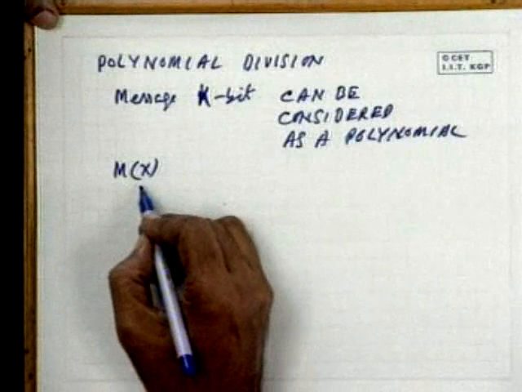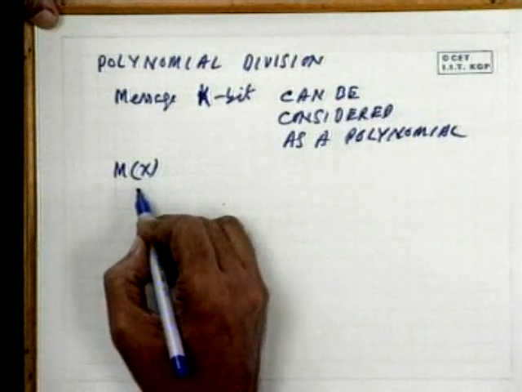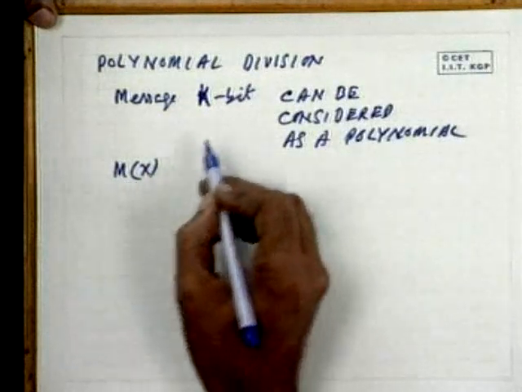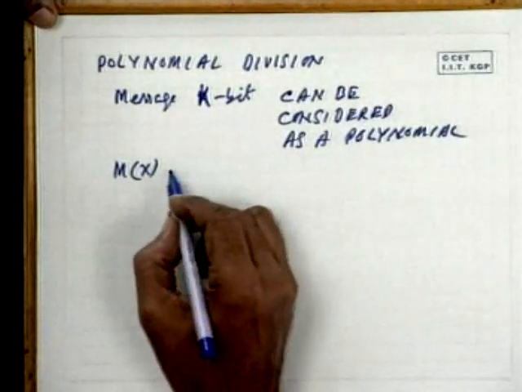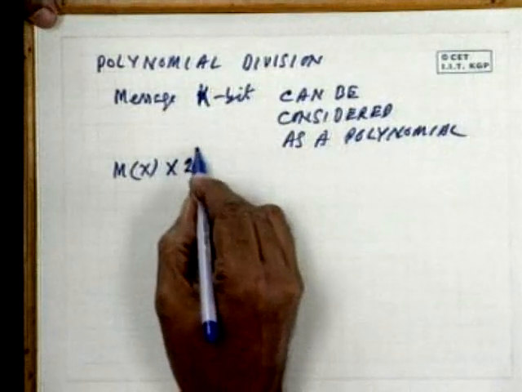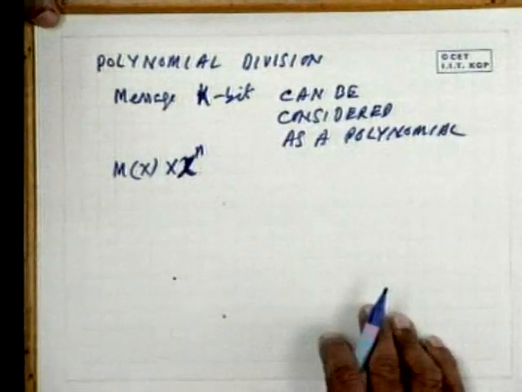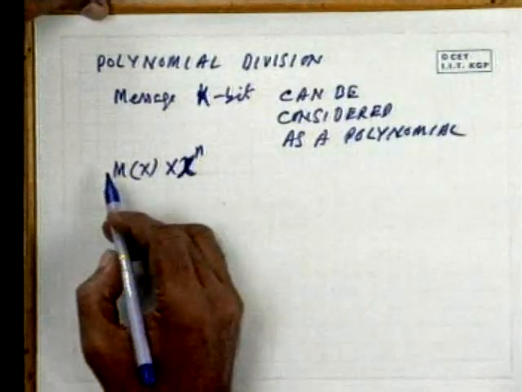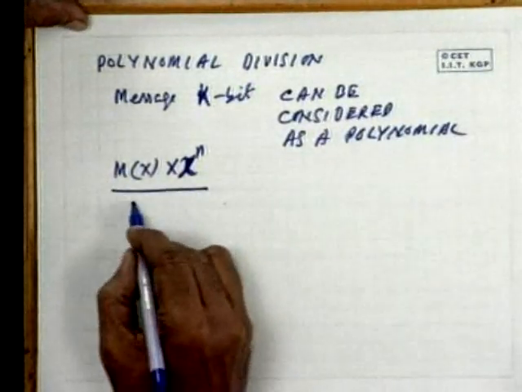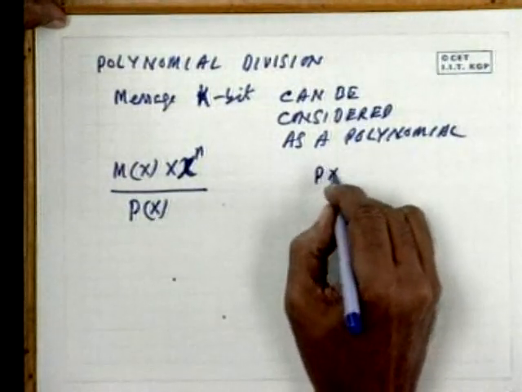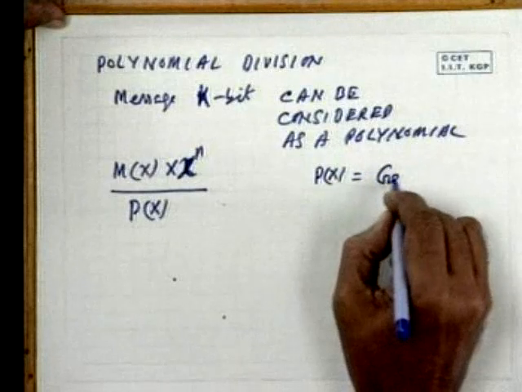Now in this polynomial Mx, the degree will be the same as k, and this is multiplied with x to the power n, and then you divide it by the polynomial Px. This Px is called the generator polynomial.